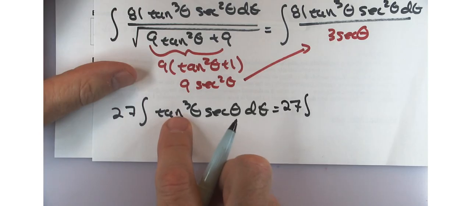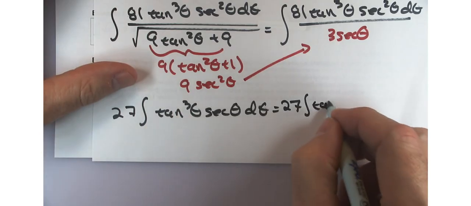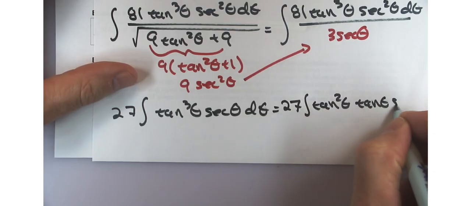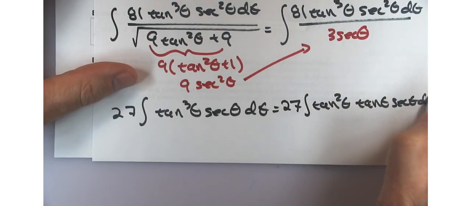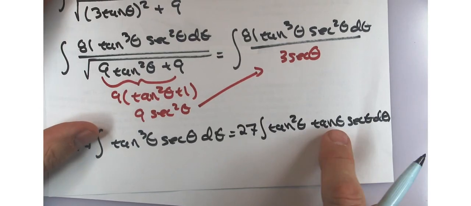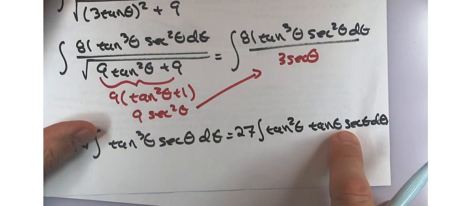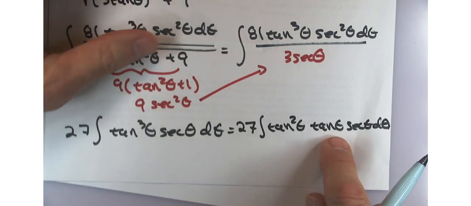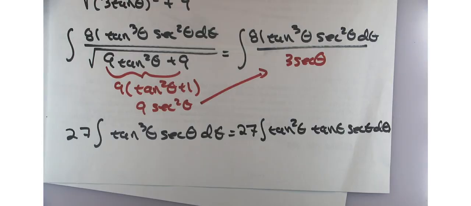If I wanted to, I could rewrite this as tangent squared of theta times tangent of theta, secant of theta, d theta. There you go. Now I've got this split off, but that's a tangent of theta. This is the du term for secant of theta.